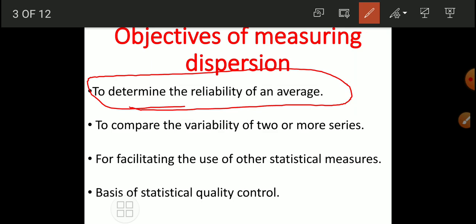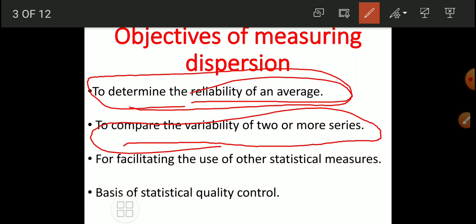So if dispersion is measured, it is easy to determine the reliability of an average. To compare the variability of two or more series is possible because of measuring dispersion.